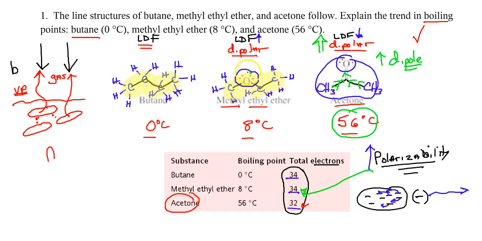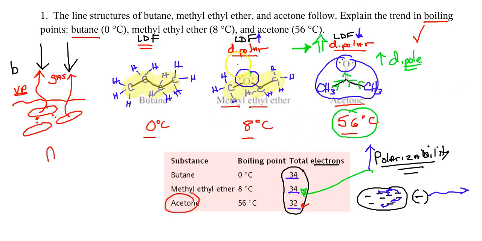This question wasn't really about that, but I'm going over it. Really the best answer is that the dipolar forces of acetone are much greater than those of methyl ethyl ether. It's more polar because of its shape and where the O is. That creates a much larger boiling point, and that's how you would talk about it.